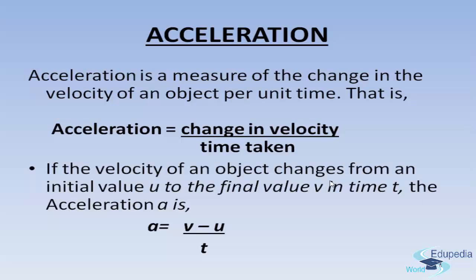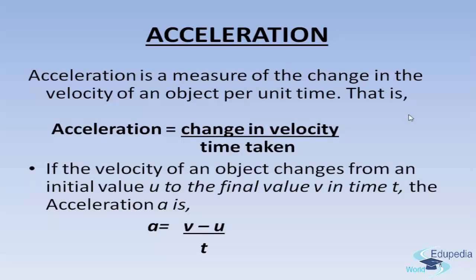In that case, the acceleration can be calculated as the final velocity minus the initial velocity, divided by the time. Why do we say final velocity minus initial velocity? Because this will give us the change in the velocity, right? And this can be calculated for any given time interval. So that is how we calculate the acceleration.